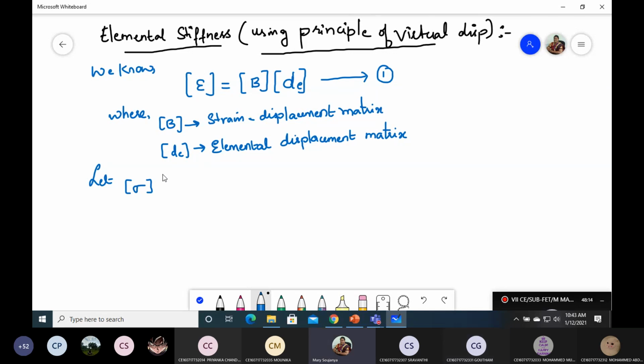Let sigma be the vector of stresses, that is the stress matrix, corresponding to the strain matrix epsilon.